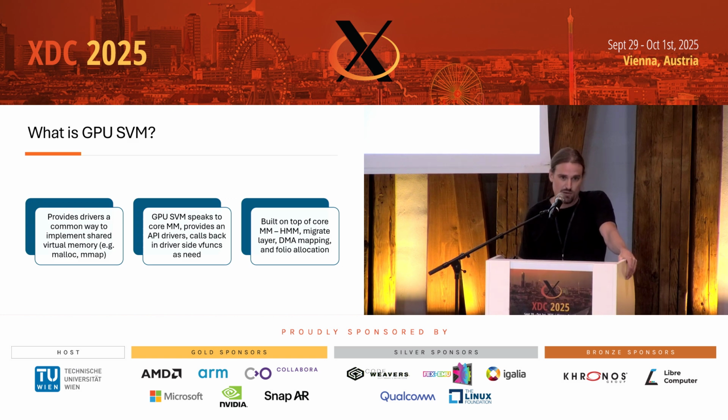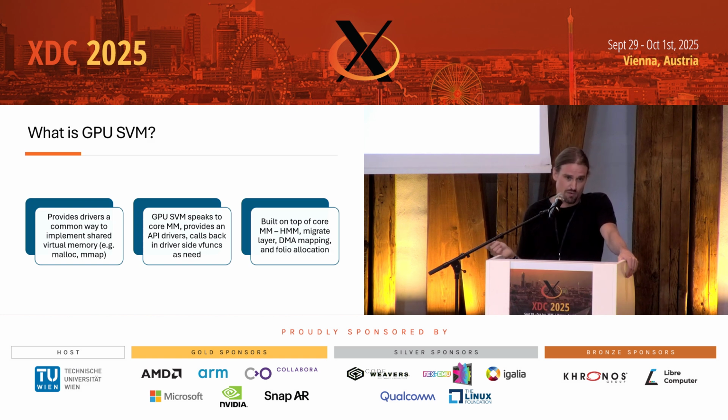There's a migrate layer. When you malloc a CPU address, by default that ends up in system memory. The migrate layer provides a way for GPU SVM to move that memory to device memory. Some of the other APIs we use are the DMA mapping API.